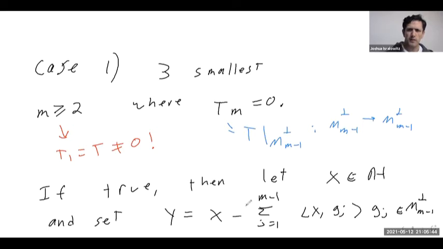So you can check directly if you want, because remember, M_{m-1} is just the span of the g_j, j equals 1 to m minus 1. This is going to be in the orthogonal complement.